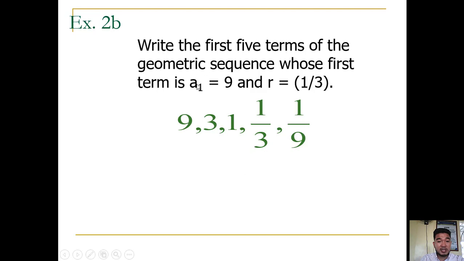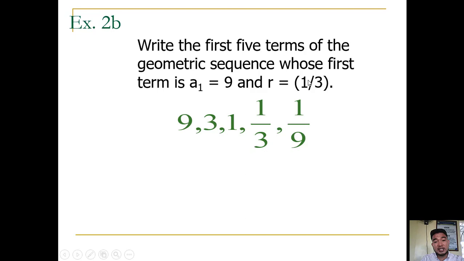Kasi dito sa problem na ito, given na yung first term, heto na siya. A sub 1 is equal to 9. Given na rin yung common ratio, which is 1/3. Kaya, para makuha natin yung susunod na term, dito sa 9, i-multiply lang natin yung 9 by the common ratio, which is 1/3. Kaya nakuha natin si 3.